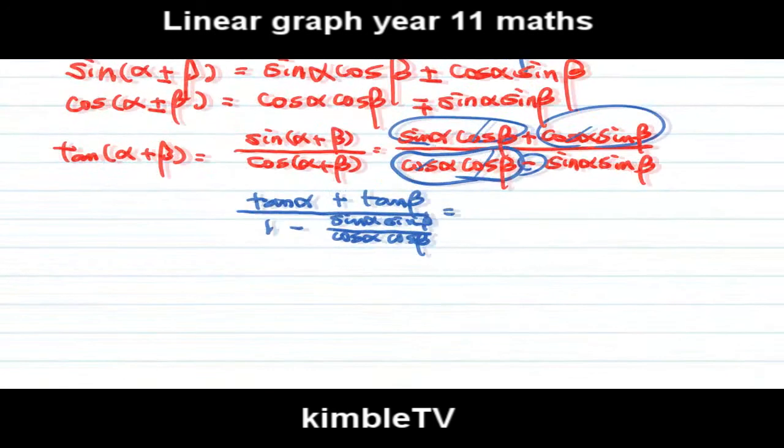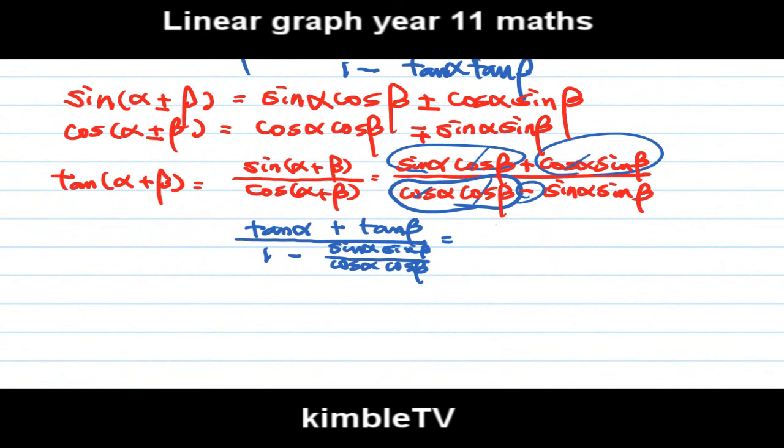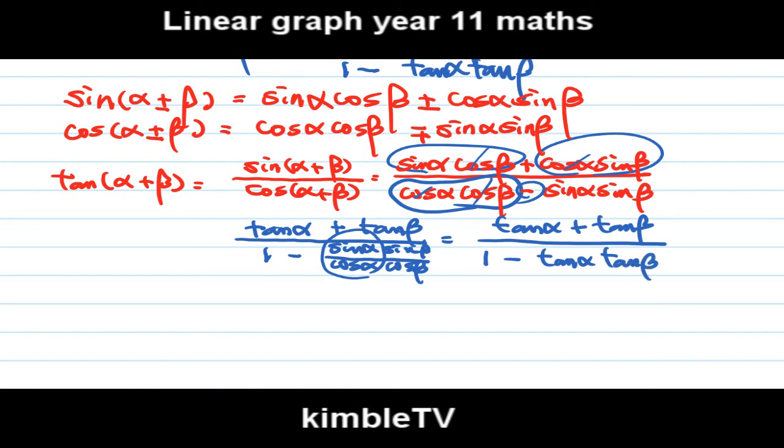This is equal to tan alpha plus tan beta over 1 minus tan alpha tan beta.